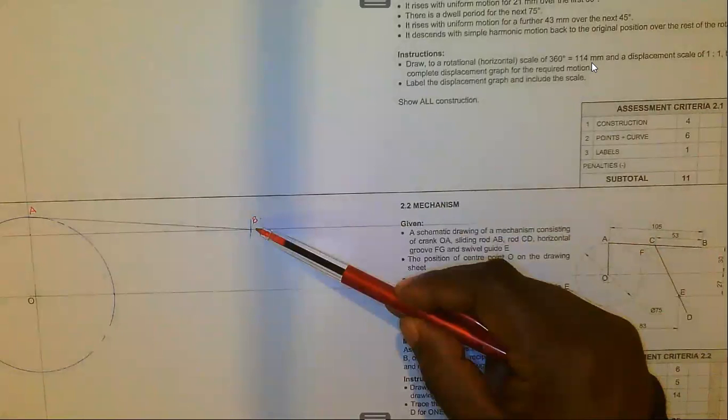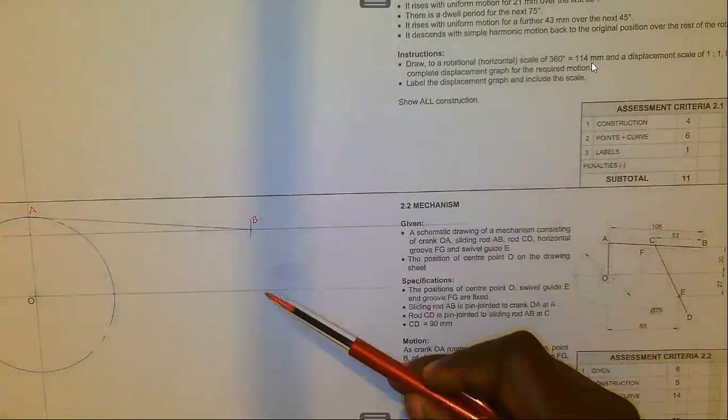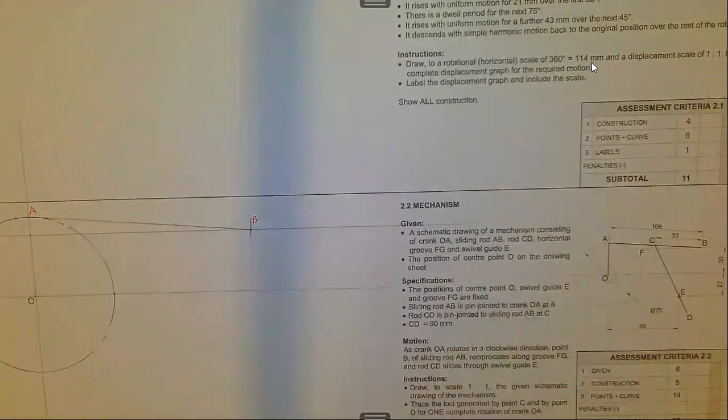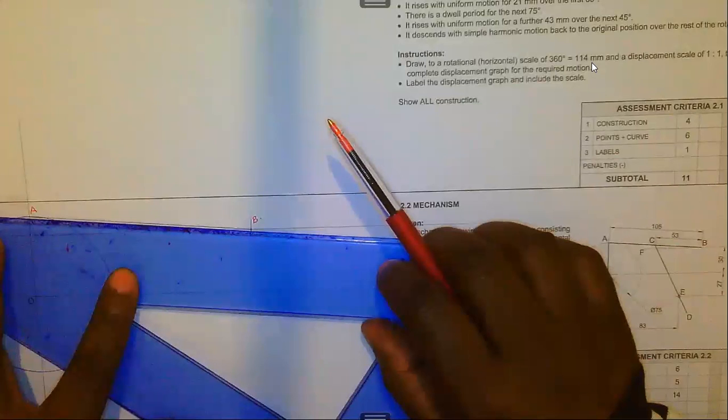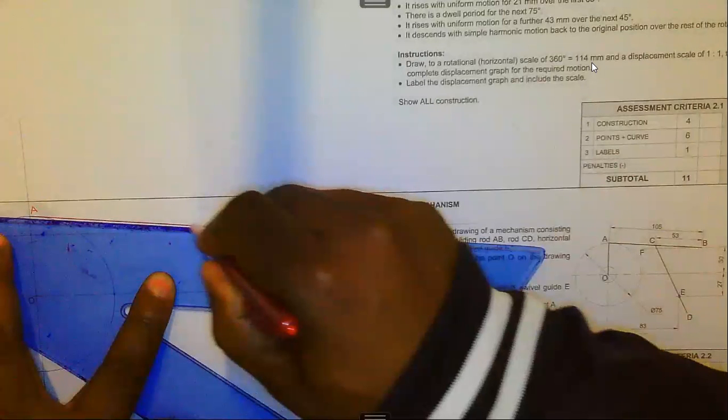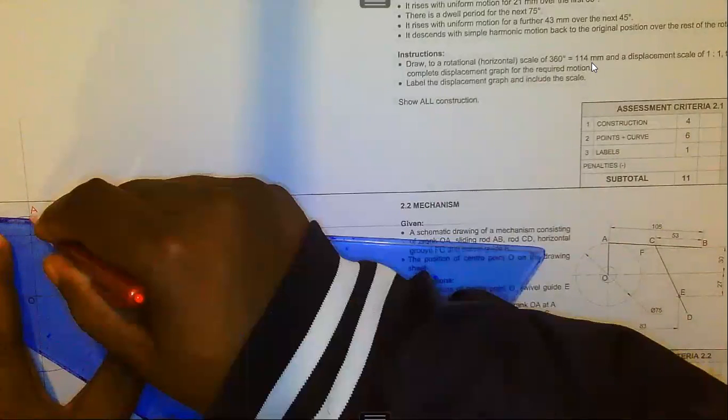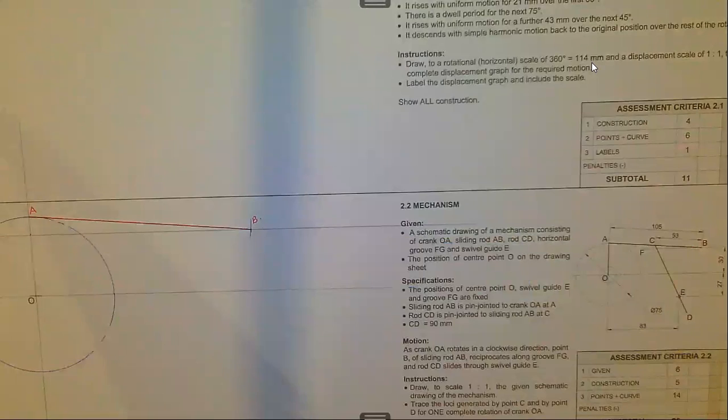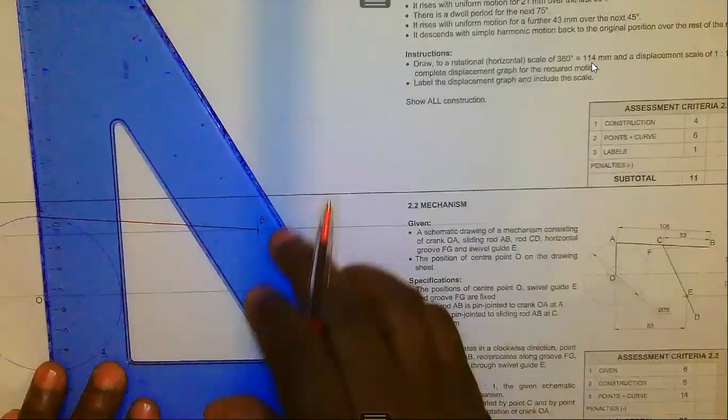We shall define the center line. Right, like that. So we have got O, A, and A to B, okay?